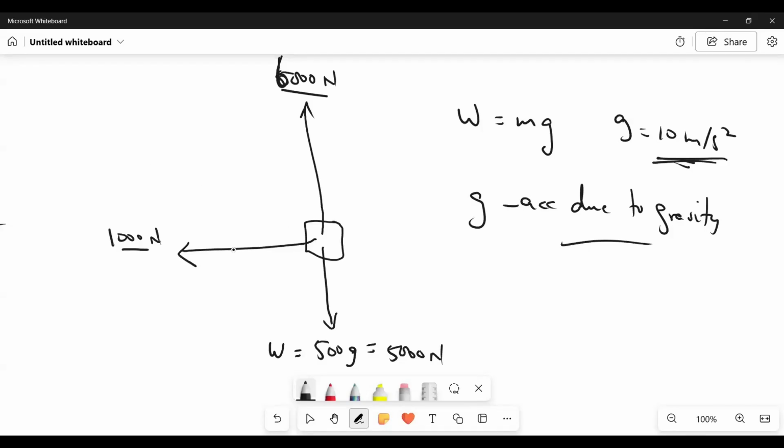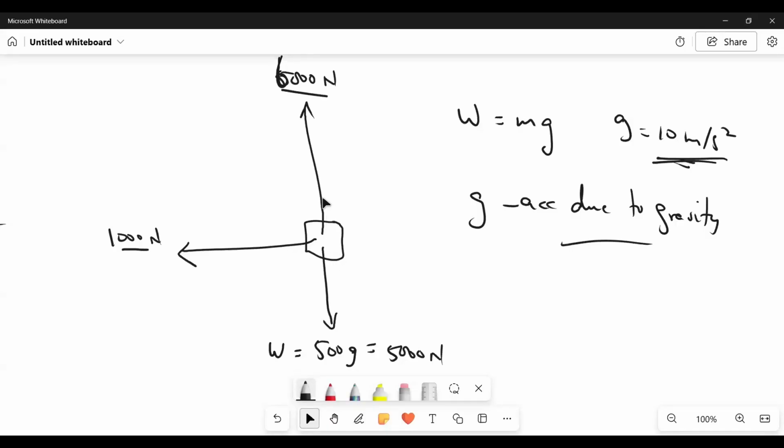So what's the resultant force that will be acting on this mass here, causing it to accelerate and move from one place to the next, right? Let's concern ourselves with that.